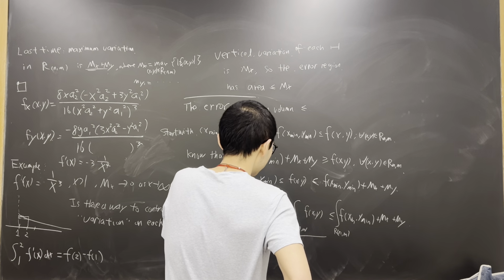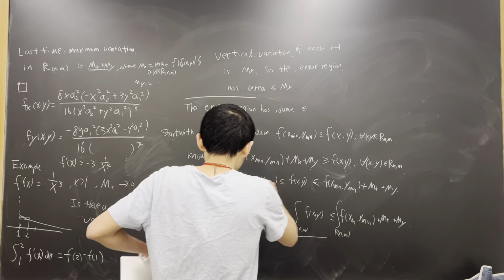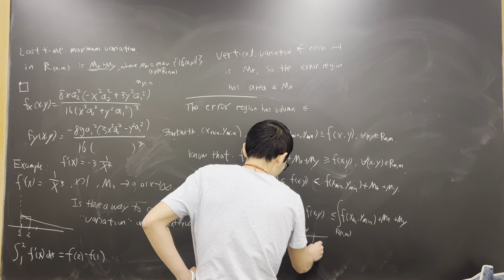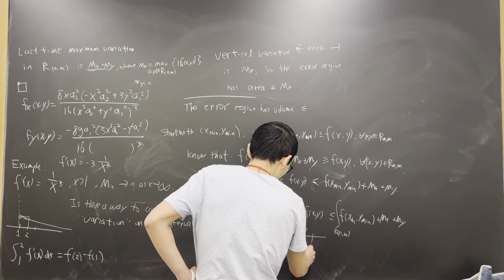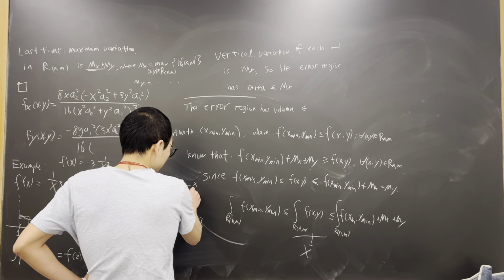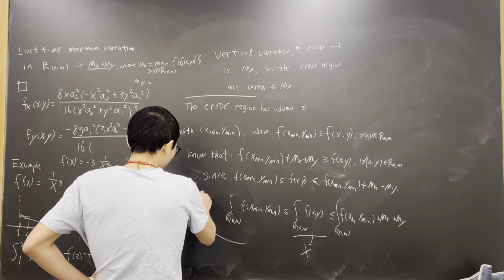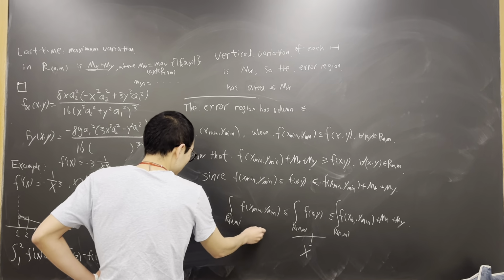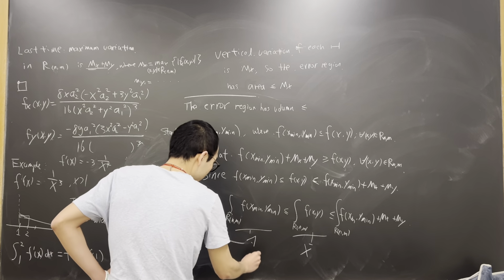So therefore, let's call this value x, which is here, and this is f of x min. Let's call this a, and let's call this b.